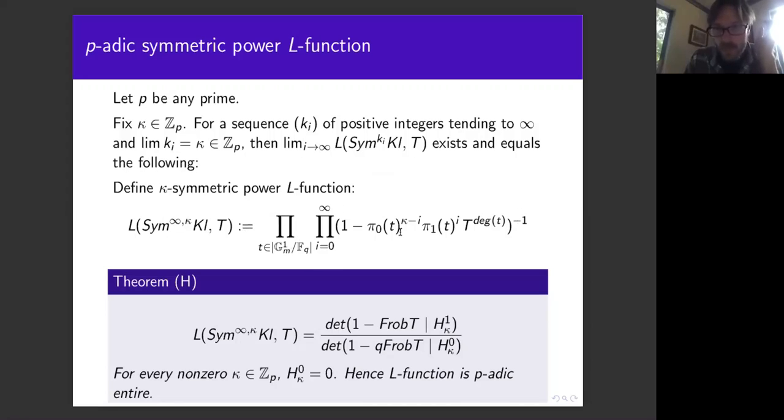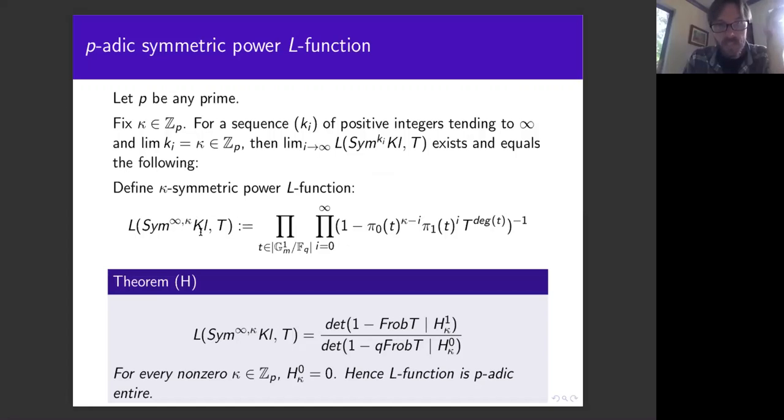But here the difference is that before, for the symmetric power, the index i went from 0 to k, but now the index is going from 0 to infinity. So it is different. And I want to emphasize here that even when kappa is a positive integer, this does not reduce down to the usual finite symmetric power.